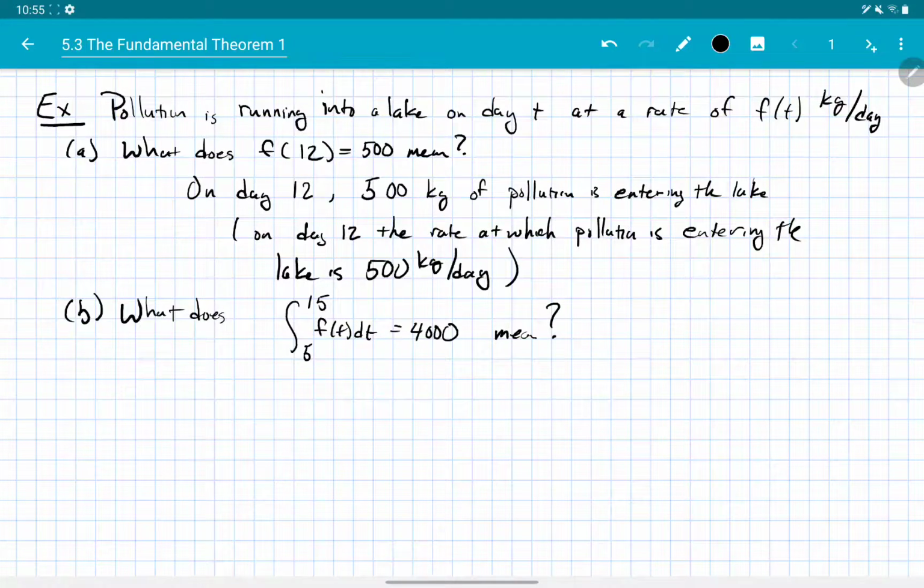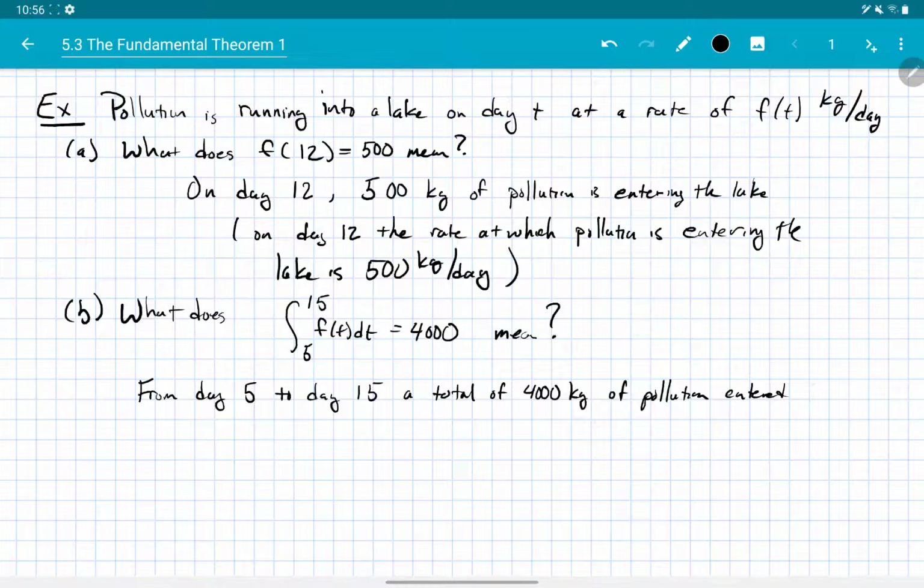And we're integrating a rate, a kilogram per day rate. And when you integrate a kilogram per day rate over days, you get a total kilogram amount. So this means that from day 5 to day 15, a total of 4,000 kilograms of pollution entered the lake.